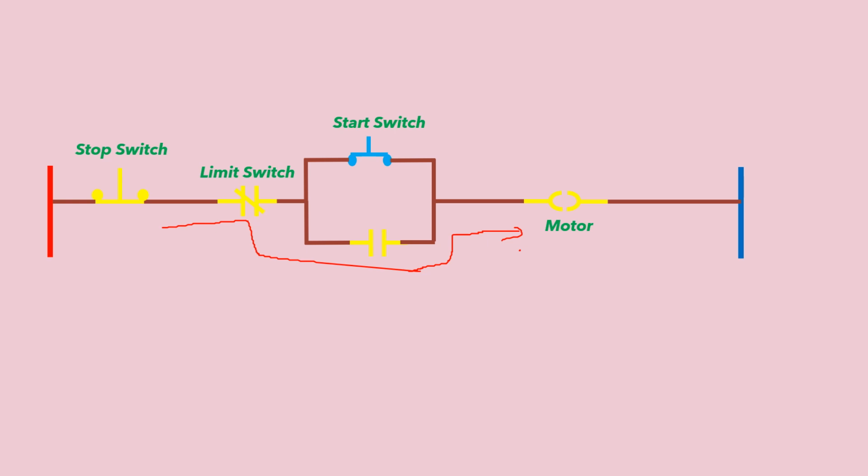Now, initially the limit switch is not activated, so since this is a normally closed contact, this relay will be closed. The output of the limit switch is connected to this relay, and when the float valve triggers the limit switch, a high signal is formed and this relay is energized.